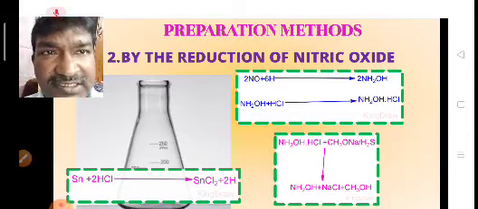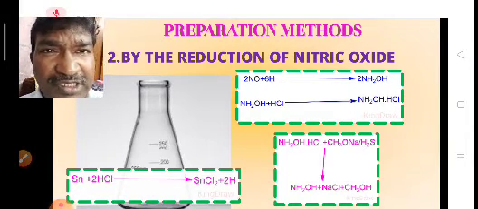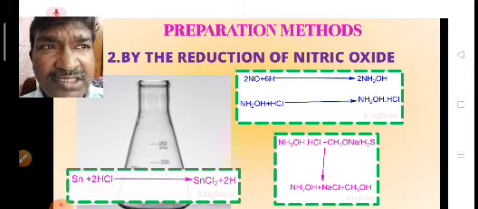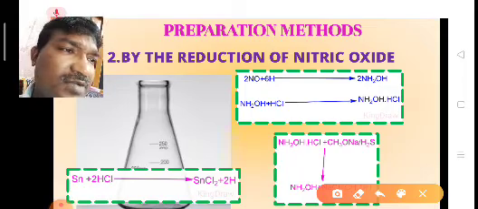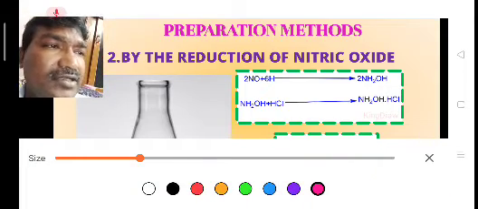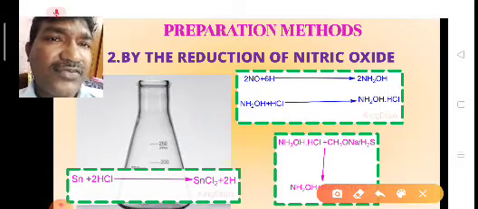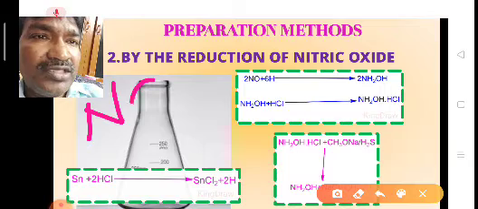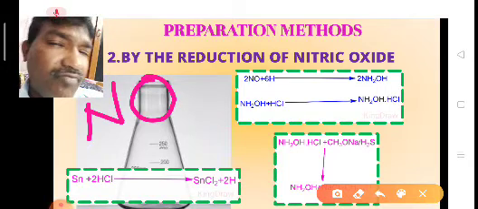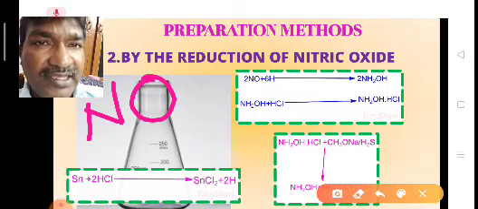Now we go for the second method. In the second method, hydroxylamine is prepared by the reduction of nitric oxide. Already we have learned that nitrogen forms five types of oxides. Among them, NO is known as the nitric oxide.